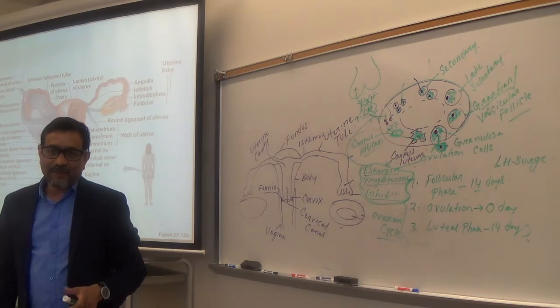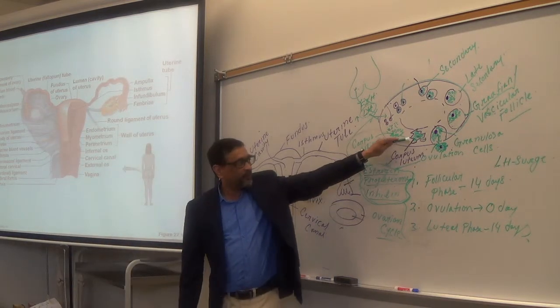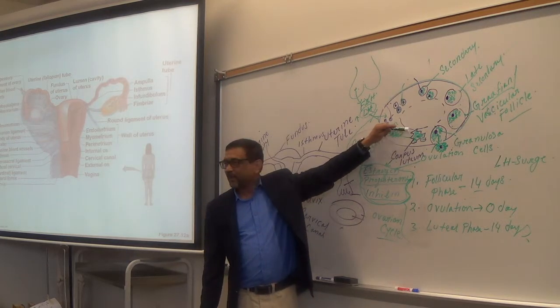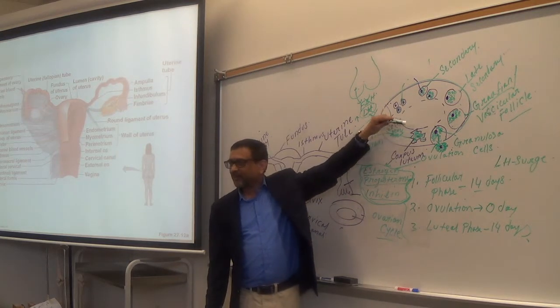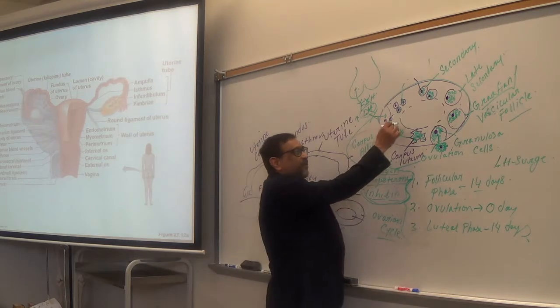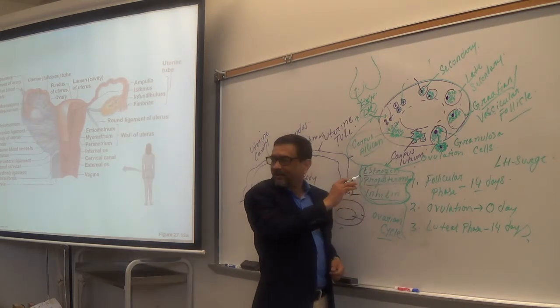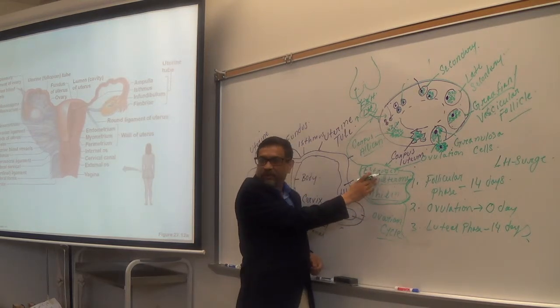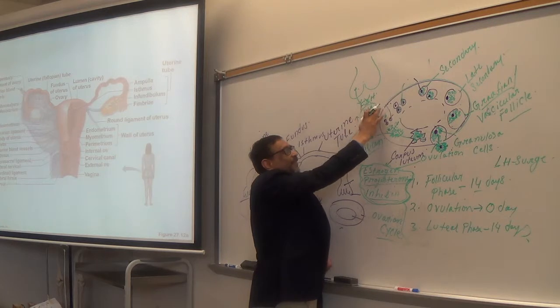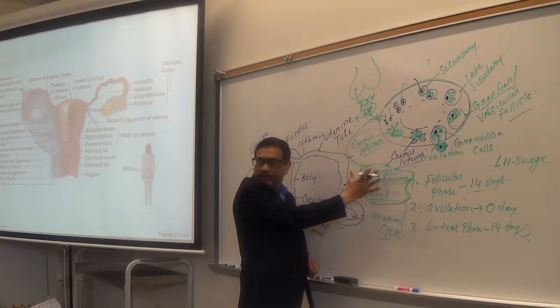Make sense? Then how long the corpus luteum will be here? How long? 14 days. So after 14 days, corpus luteum is destroyed, right? No more estrogen progesterone is released here. Make sense? So this will again be released because no more estrogen progesterone is here.